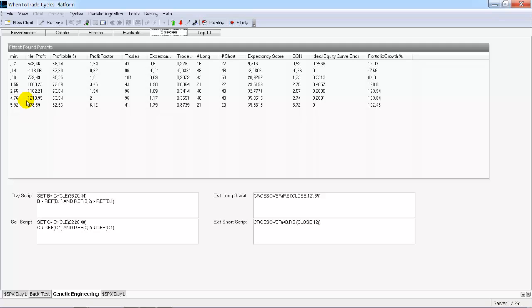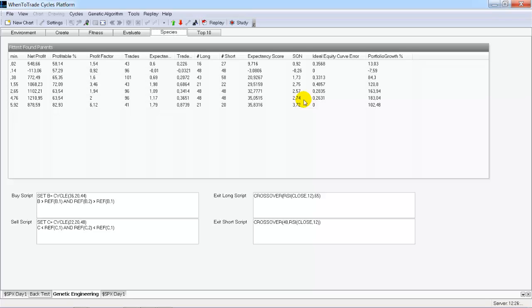By running the genetic algorithm, we have found interesting system combinations here with a net profit of around 1,000 S&P index points, profitability of about 70%, around 100 trades, and a System Quality Number between 2 and 3, which are great values when you evaluate trading systems.